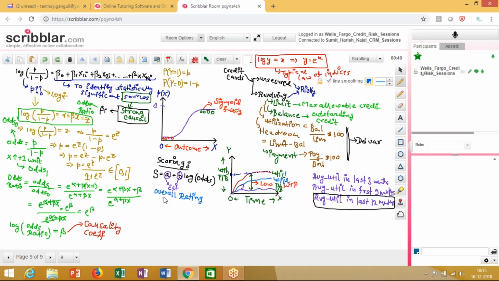The overall rating scale, right? And the second thing that we require is something called the point to double odds.